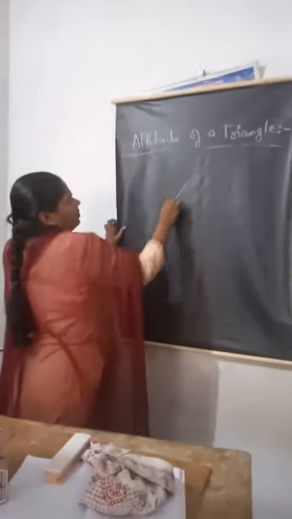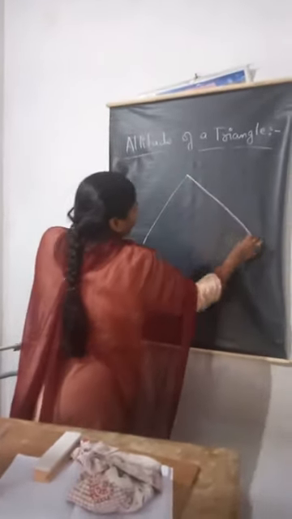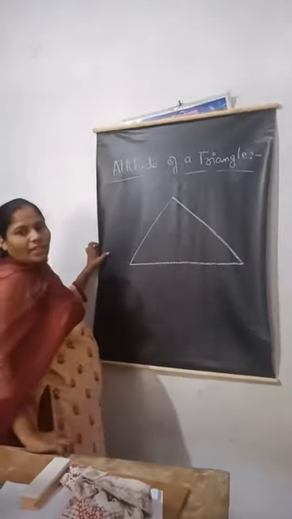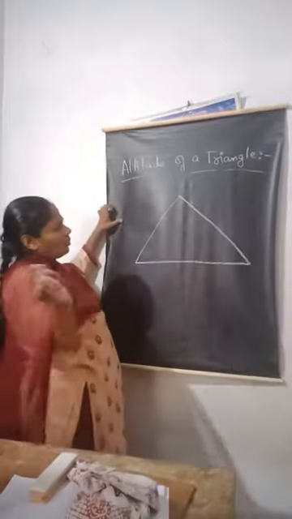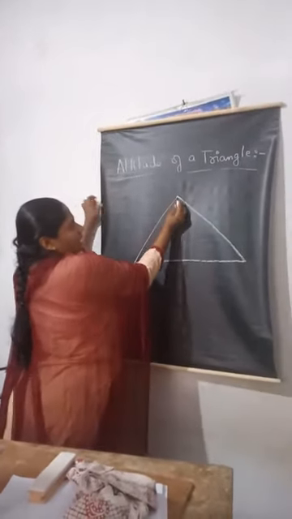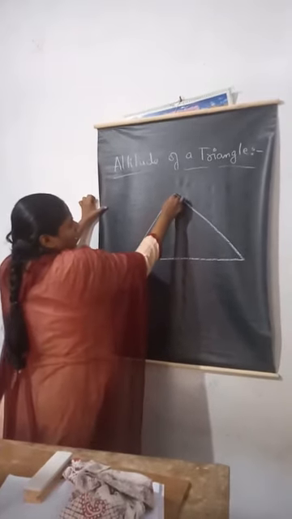Listen carefully. This is one of the triangles. Suppose there is a perpendicular line segment. What is a perpendicular line segment? This is not a perpendicular line segment. This is a perpendicular line segment, and these are perpendicular to each other.